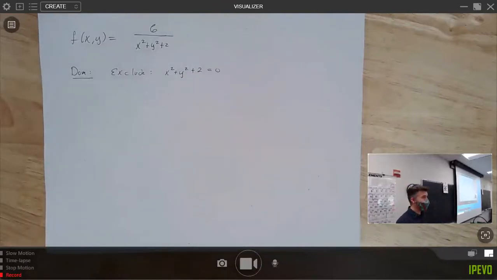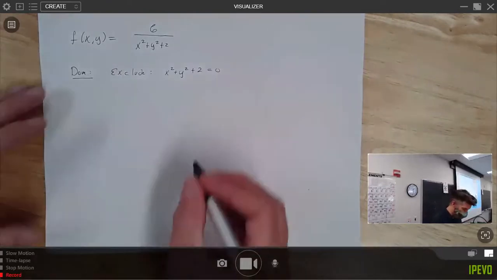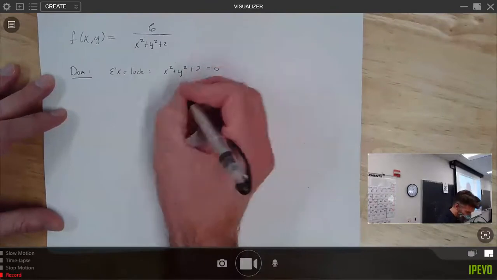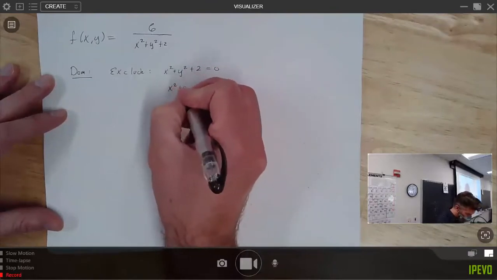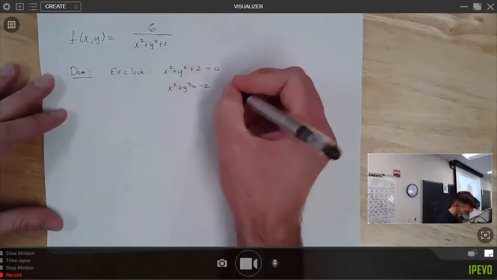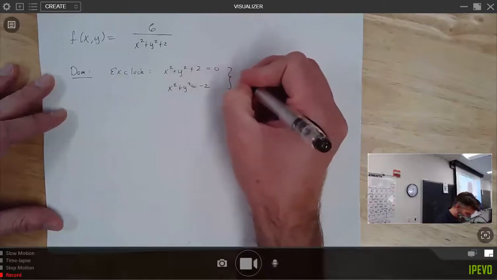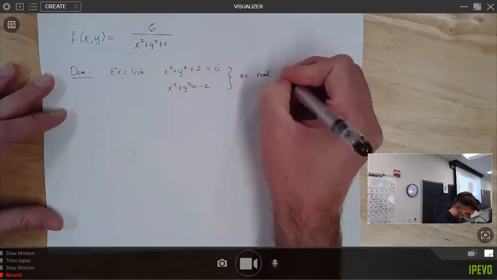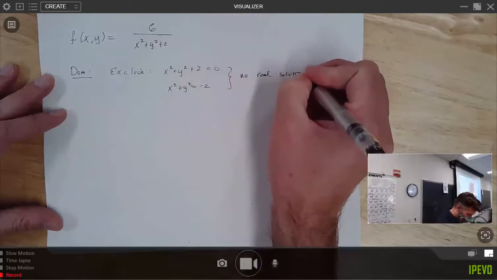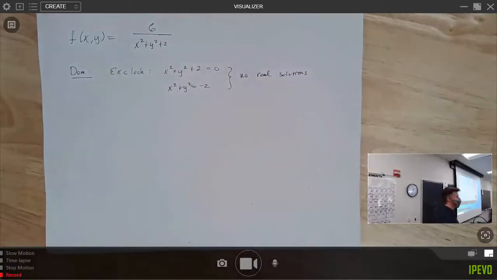Fortunately, there aren't any, right? If we try solving that, we're not going to get any real answers because if we bring the minus 2 over, x squared plus y squared equals -2, that has no real solution. So our domain is everything.